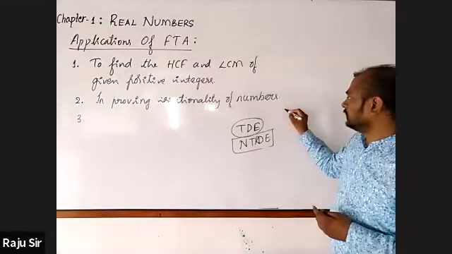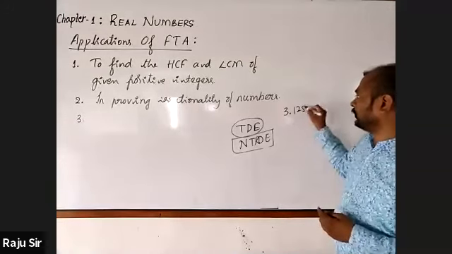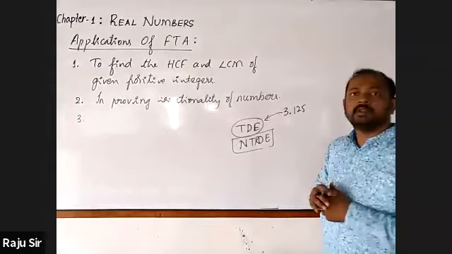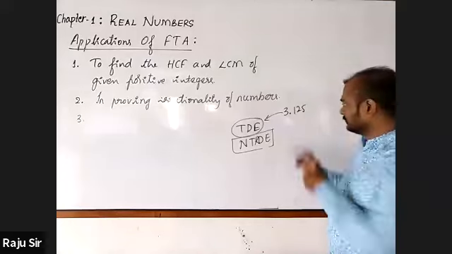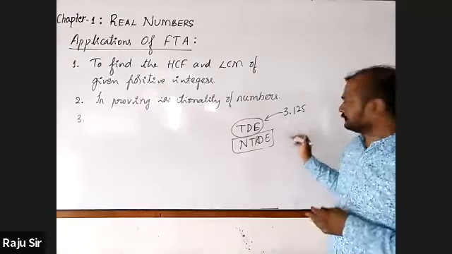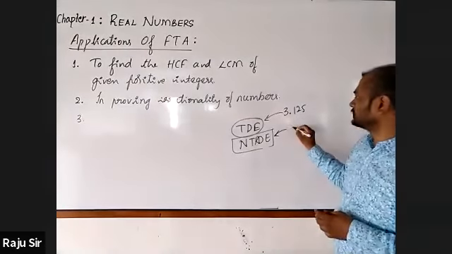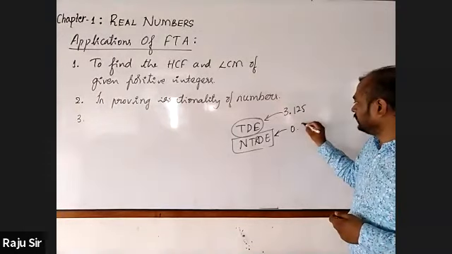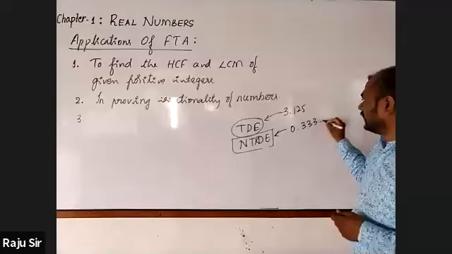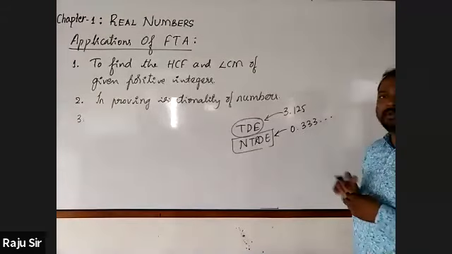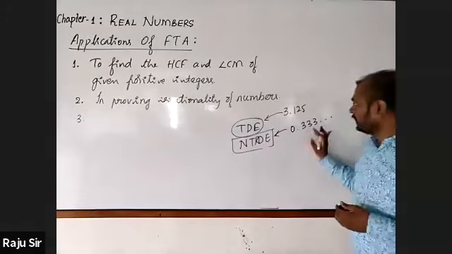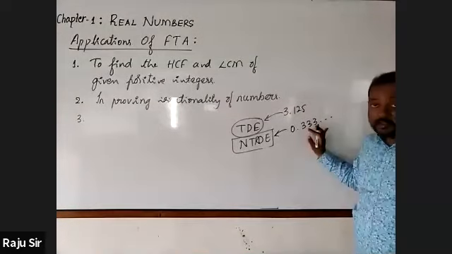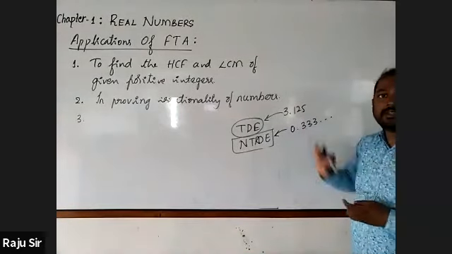Here 3.125 is the terminating decimal expansion of one number, and 0.333 and so on is non-terminating recurring, the decimal expansion of another number.